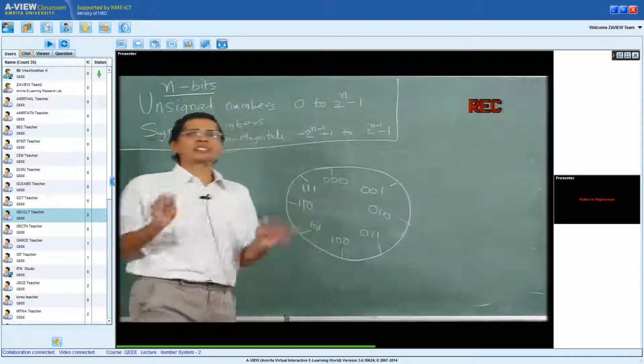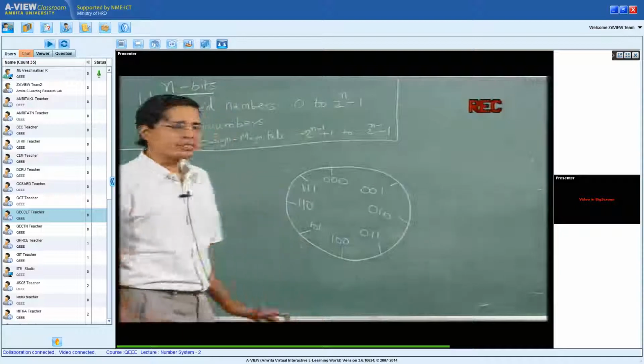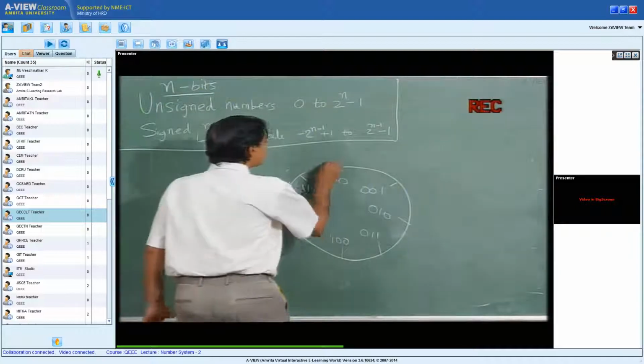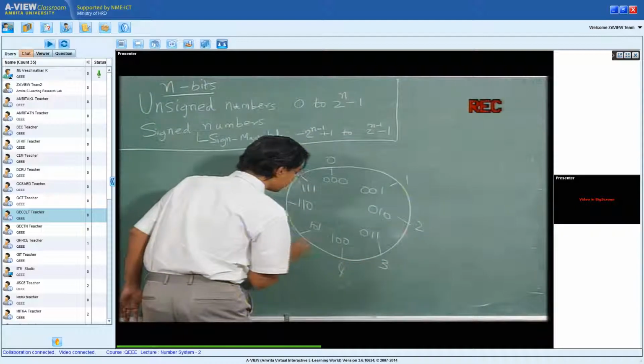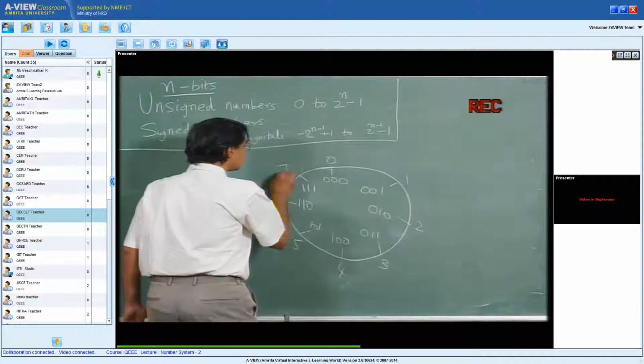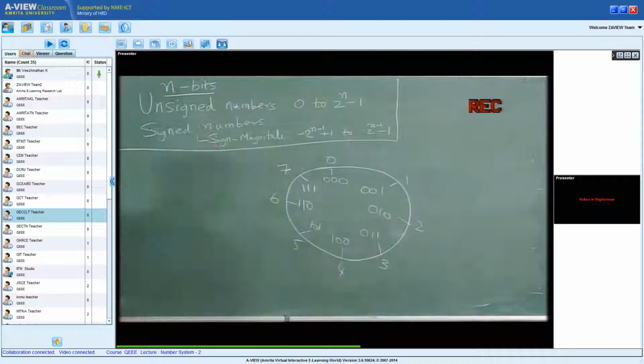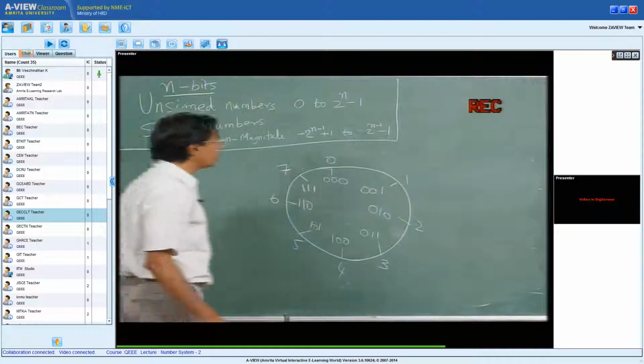First, let us concentrate on unsigned addition. Suppose I want to just do A plus B. Say I want to do 2 plus 3.